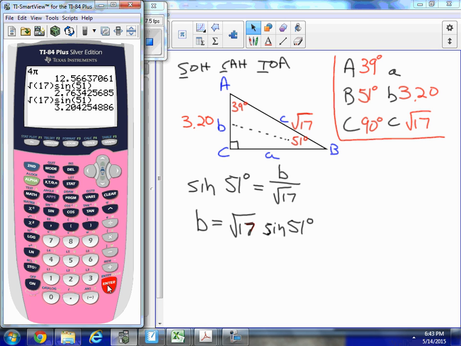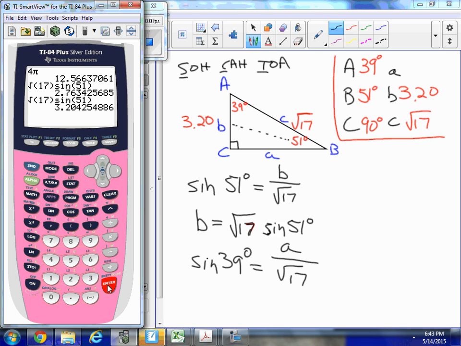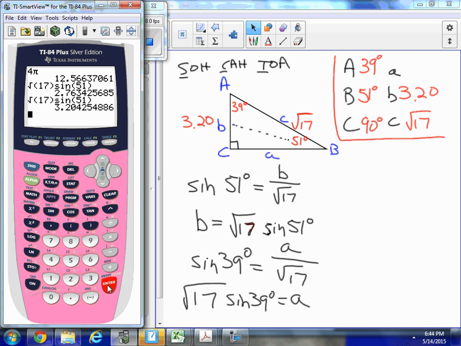All right, so that takes care of B. And for A, I'm going to say that sine 39 degrees is equal to A divided by radical 17. So, again, radical 17 sine 39 degrees should equal side A.